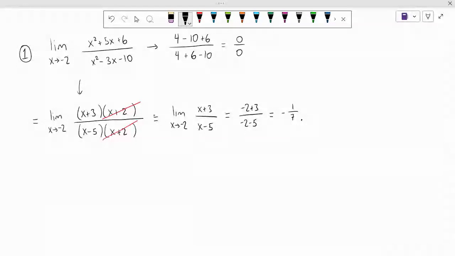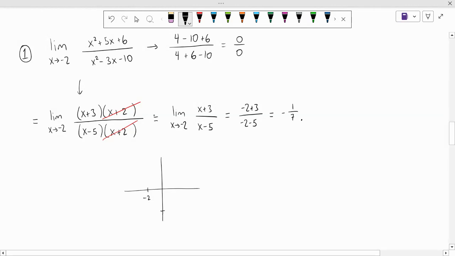And then, what's happening here in the graph, and I guess we talked about it on Monday, right? That for the graph of this function, there's going to be a hole at x equals -2. So roughly, the graph will look something like this. At -2 for x, let's pretend that was -1/7.